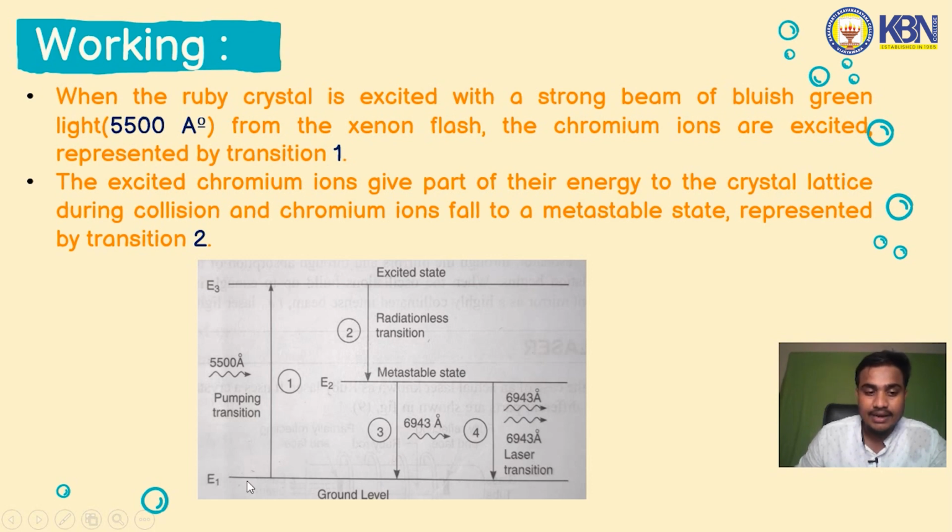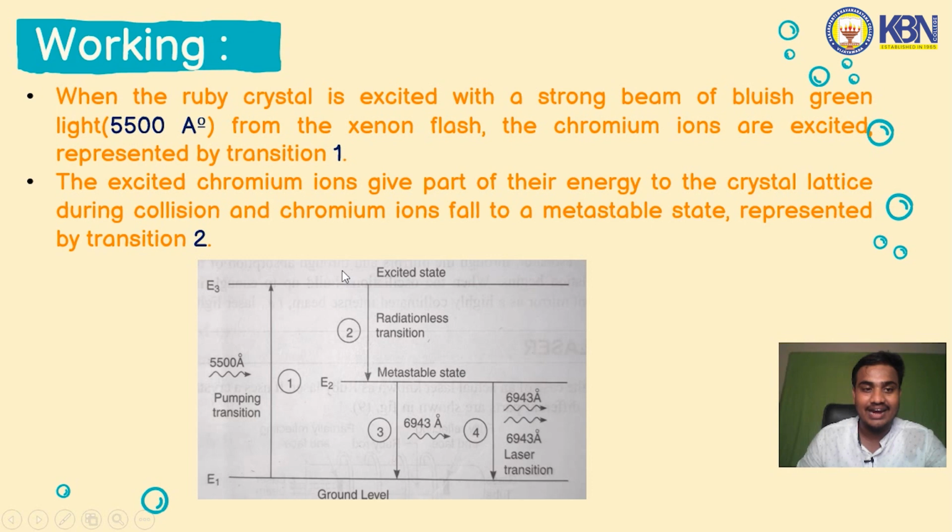The xenon flash tube emits bluish green light with a wavelength of 5500 angstroms. When it falls on the atoms in the ground state, through the pumping transition the chromium atoms go to the excited state E3.